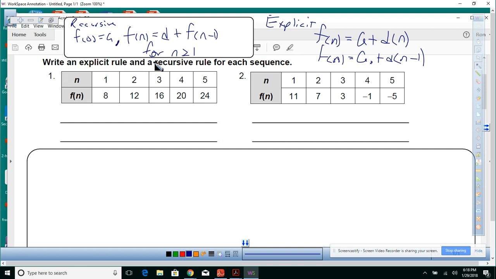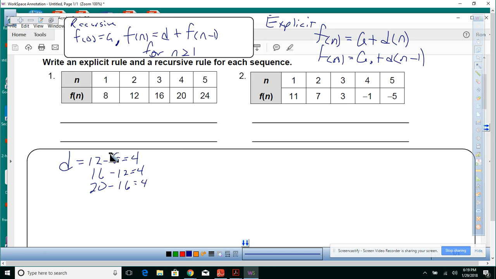All right, so write an explicit rule and a recursive rule for each sequence. First, we need to figure out a couple of things. We need to know what d is. If you look, 12 minus 8 equals 4. Check a couple others: 16 minus 12 equals 4, 20 minus 16 equals 4.